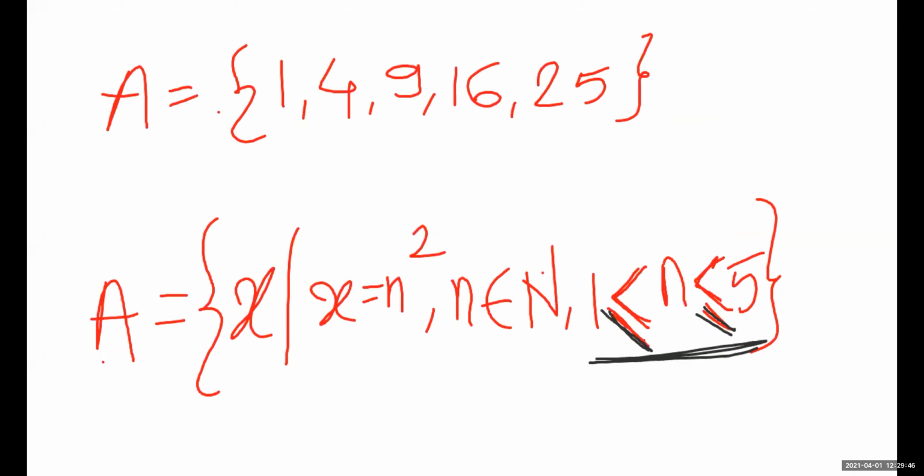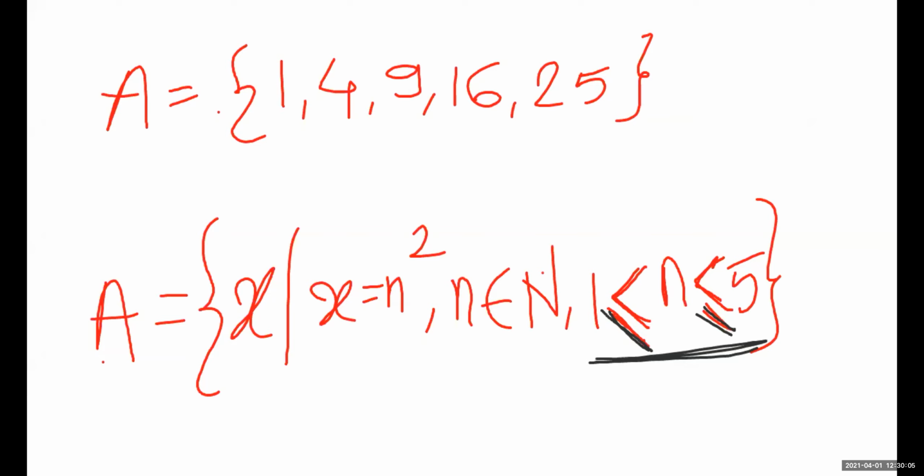To show the numbers in between 1 to 5, we are using this greater than and less than. Okay, greater than 1, that means it is more than 1, that is 2 3 4 5 6 7 to infinity.